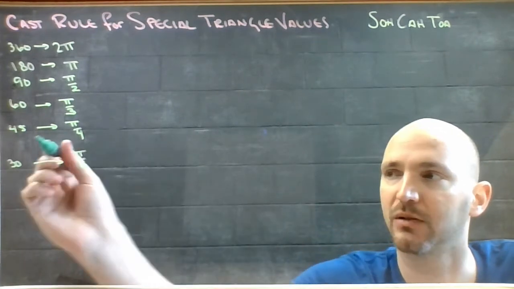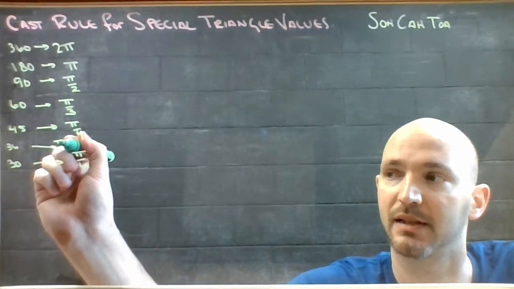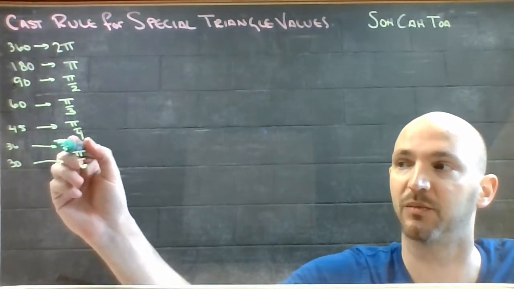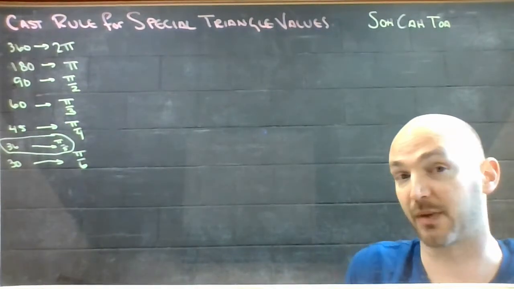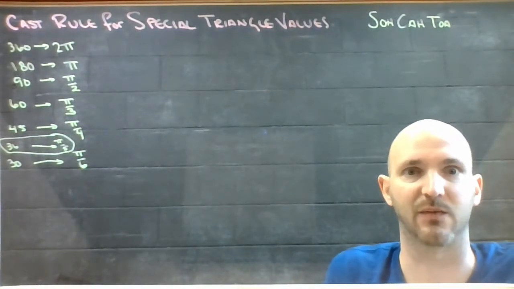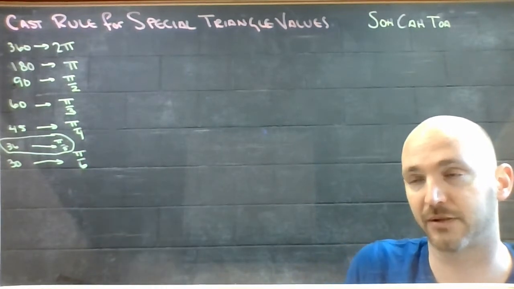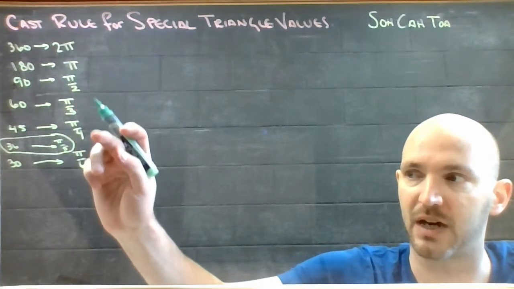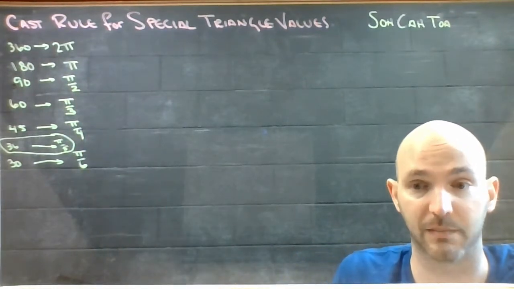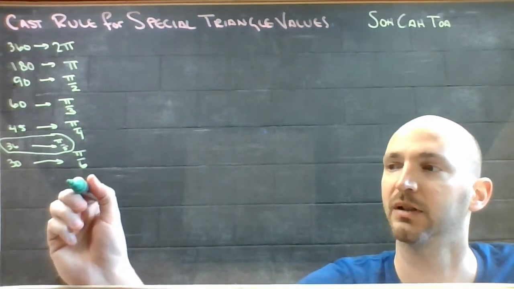So we could wedge that in there if you'd like as a nice base unit in radians, but this one doesn't have a special triangle ratio, so it tends to get forgotten. And we could do a pi by 7, a pi by 8, pi by 9, etc. But these ones, pi over 3, pi over 4, and pi over 6, are the ones that show up in those special triangles. So I'm just going to write those out for you.